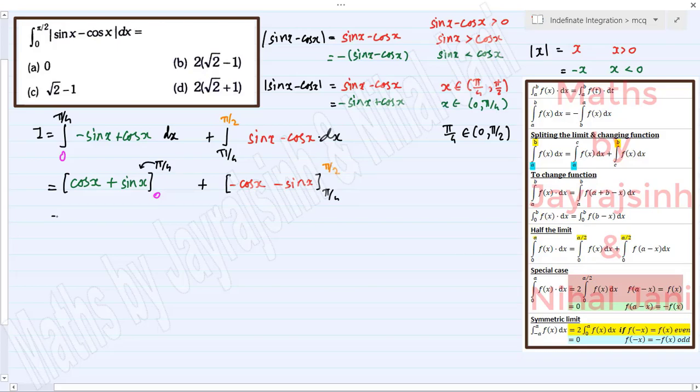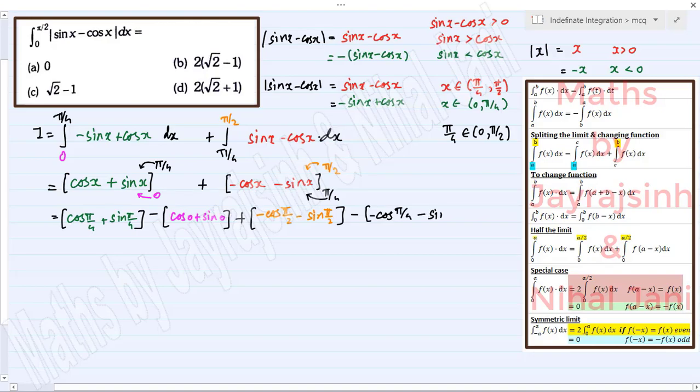From the upper limit, we will get cos(π/4) + sin(π/4), minus from the lower limit, we will get cos 0 + sin 0. Plus in the second term, from the upper limit, we will get −cos(π/2) − sin(π/2), minus from the lower limit, −cos(π/4) − sin(π/4).